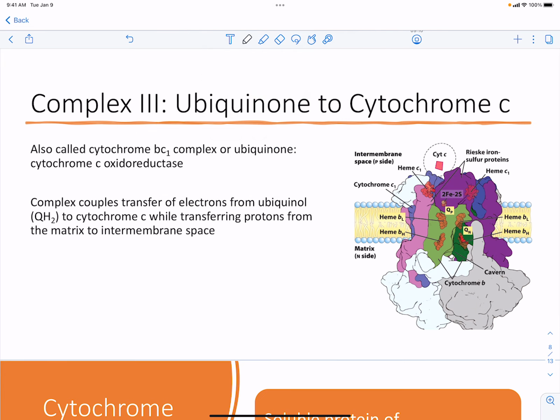So you can see here that we have our ubiquinone that's going to move through the cavern, and eventually it's going to donate its electrons to cytochrome C. Now, ubiquinone is going to go from the matrix side, QN, to the intermembrane space through that QP. So it's going to go like this, and then eventually you'll get it transferred to our cytochrome C.